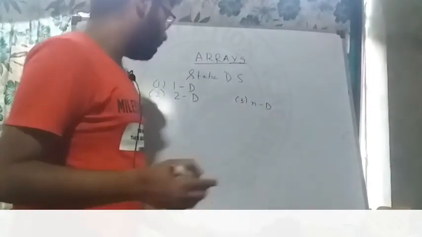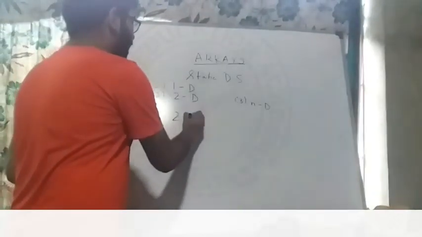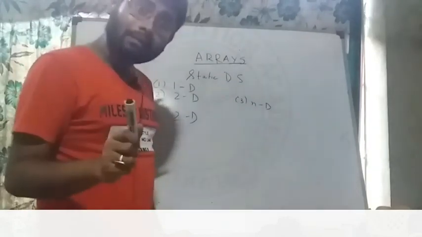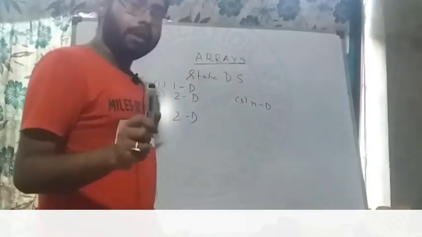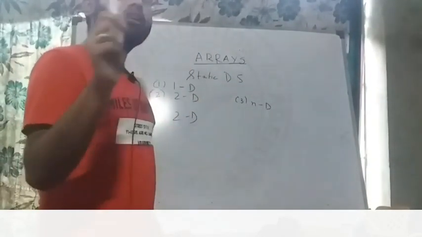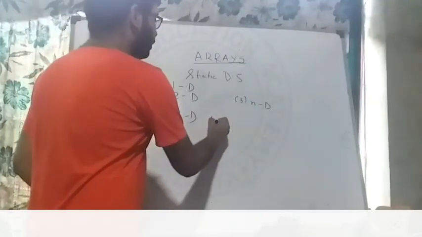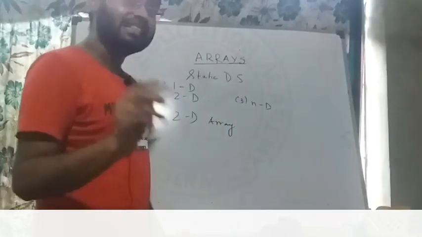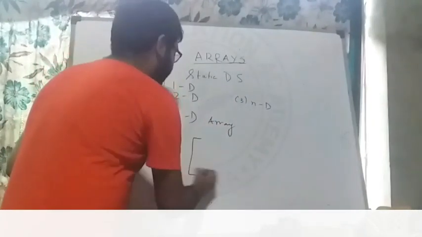Coming to the two-dimensional array. For the 1D array, I hope you have understood that only one index determines the element, so we call it a 1D array. Now a 2D array is nothing but, as we all studied in our junior classes, a matrix.